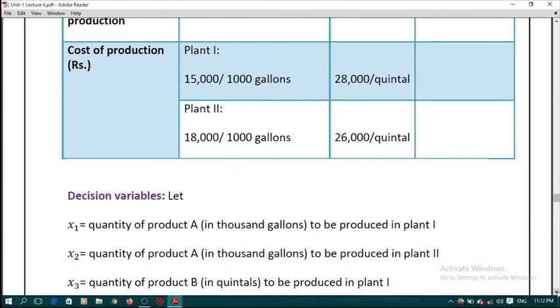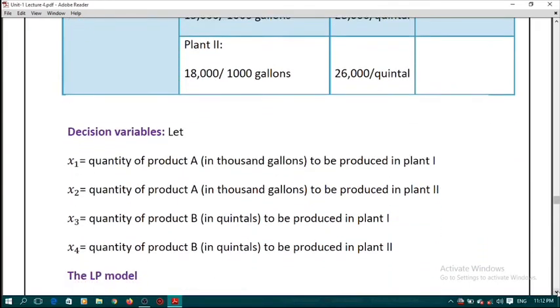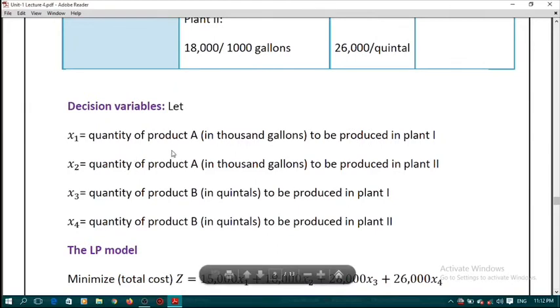Now let's decide the decision variables. Let x1 be the quantity of product A to be produced in plant 1, and x2 the quantity of product A to be produced in plant 2. Here the quantity of product A is measured in 1000 gallons, so that's why we mention 1000 gallons, and the same for product B, which is measured in quintals. So x3 is the quantity of product B to be produced in plant 1, and x4 is the quantity of product B to be produced in plant 2.